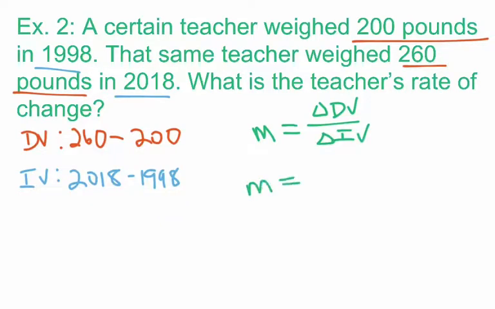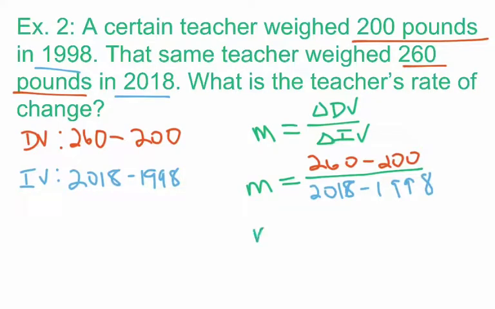So m is equal to our change in the dependent variable, 260 minus 200, and the change in the independent variable will be 2018 minus 1998.